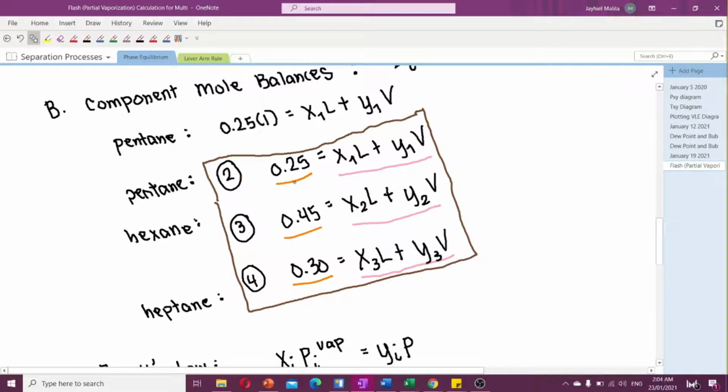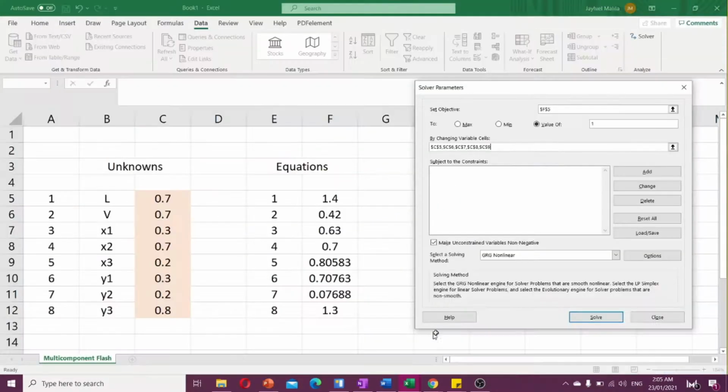Equation 2 must be equal to 0.25, equation 3 must be equal to 0.45, and equation 4 should be equal to 0.30. When you say constraints, these will limit the value of the products and sums that will be obtained by the solver on the right side of this equation. So this is how you will establish a constraint.